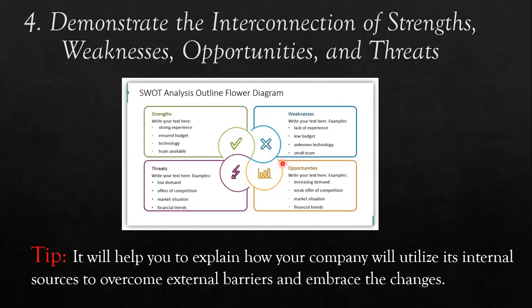Exactly, they are positive factors. Strengths and opportunities are positive factors. So the next question is kind of obvious. What do weaknesses and threats have in common? Do you see they are connected by this flower? Weaknesses and threats both are negative factors.